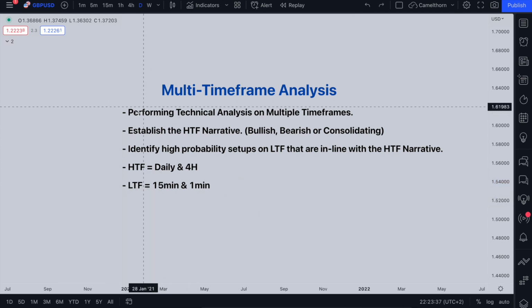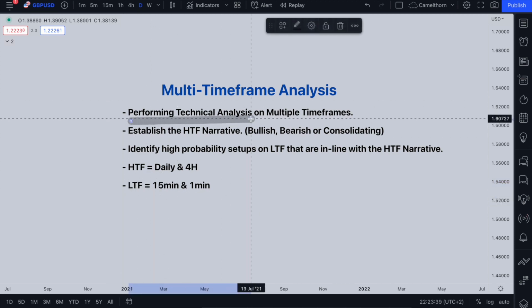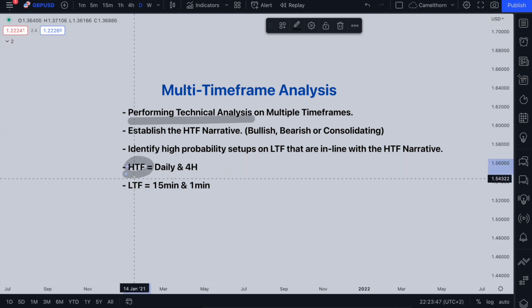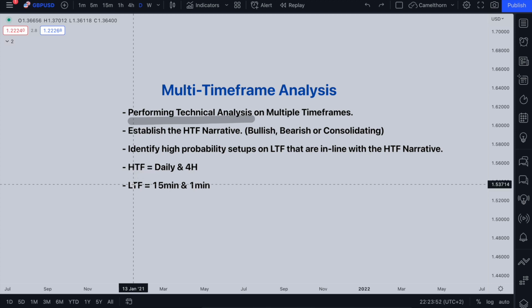Now, because we are performing technical analysis on multiple time frames, it is important to understand the relationship that exists between higher time frames and lower time frames. Okay. Now, in order to explain that relationship, I want to speak very quickly on the following concept.